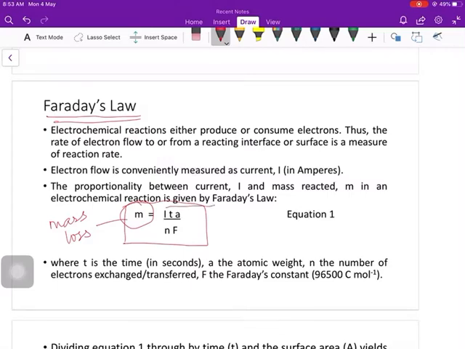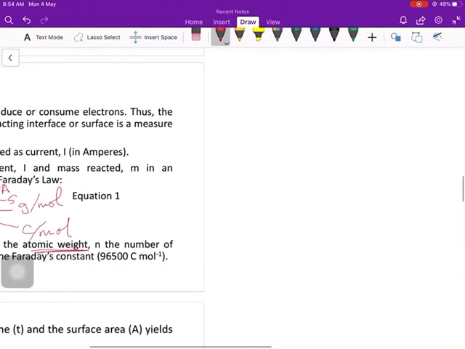This is the formula. I is current in ampere, t is time in second, A is the atomic mass or atomic weight in gram per mole, n is the number of electrons, F is the Faraday constant in coulomb per mole.